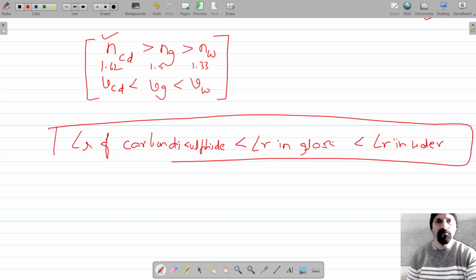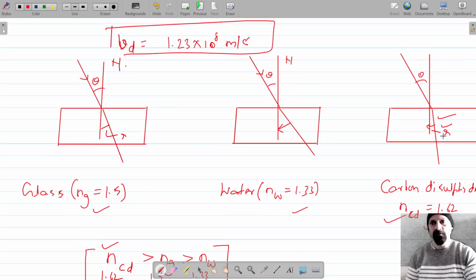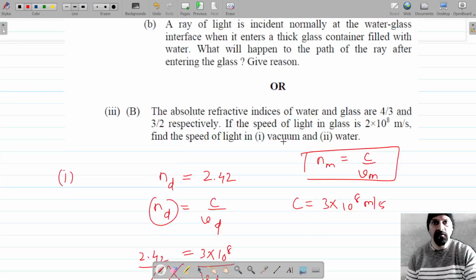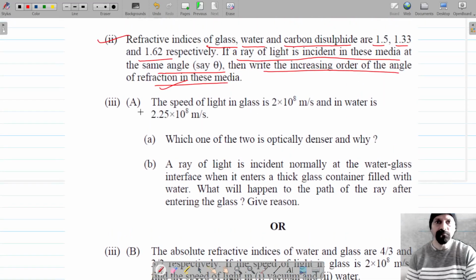This is how the angle of refraction looks. The water ray will bend least towards the normal, so here the angle of refraction is greater. So this is the increasing order of the angle of refraction.